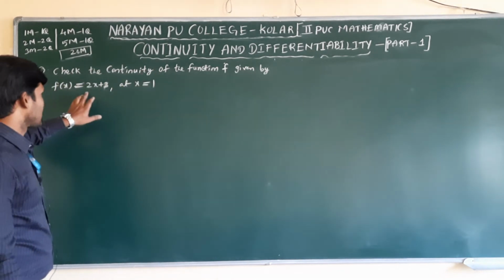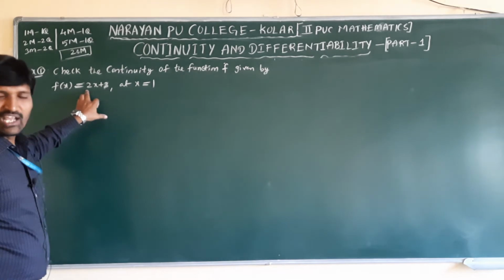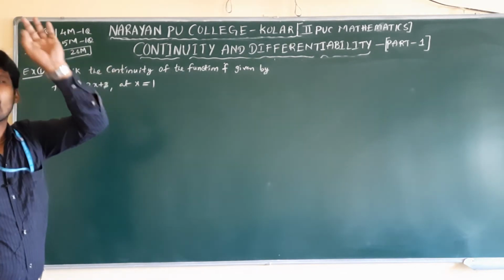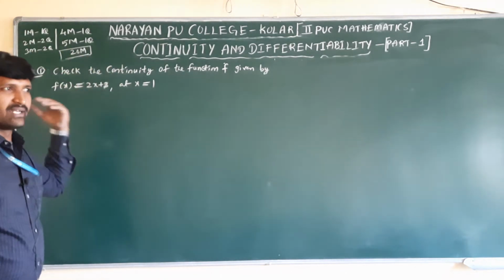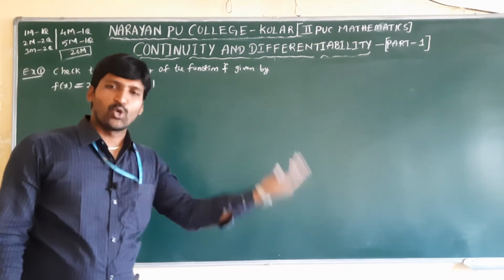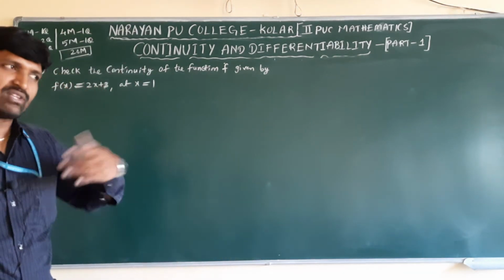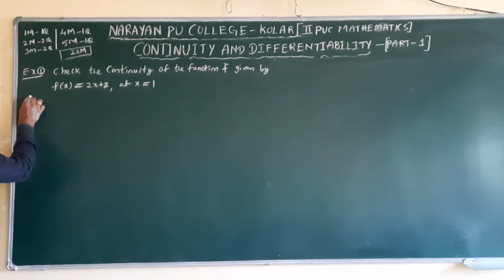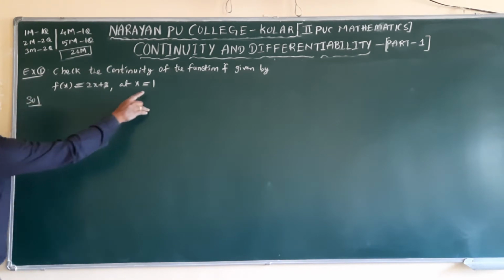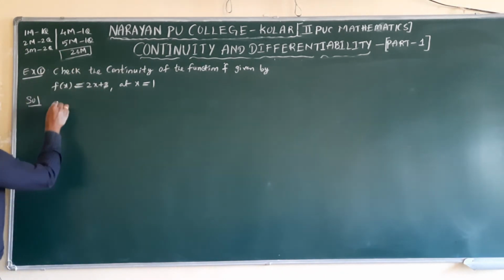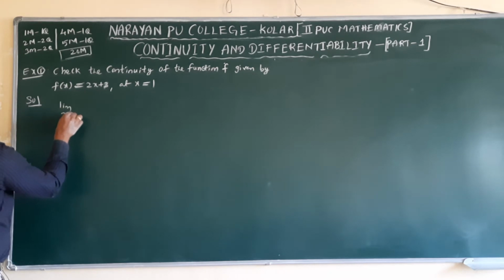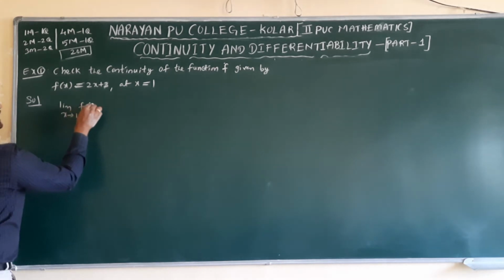And one more thing, this is clearly a polynomial. Every polynomial function is always continuous. Polynomial means linear equation, quadratic, cubic, fourth degree equation, everything. And here, what is the value of a? 1. That's why limit x tends to 1 of f of x.